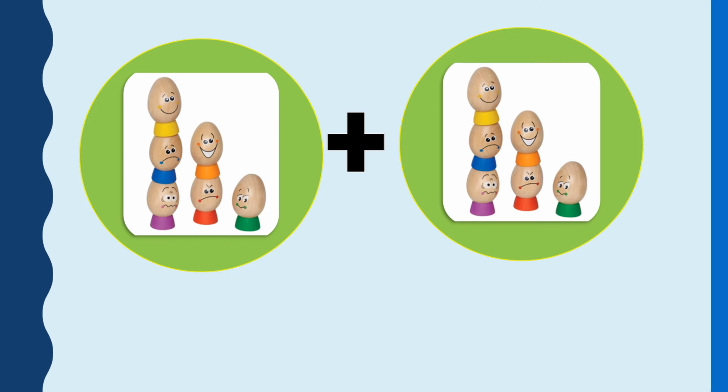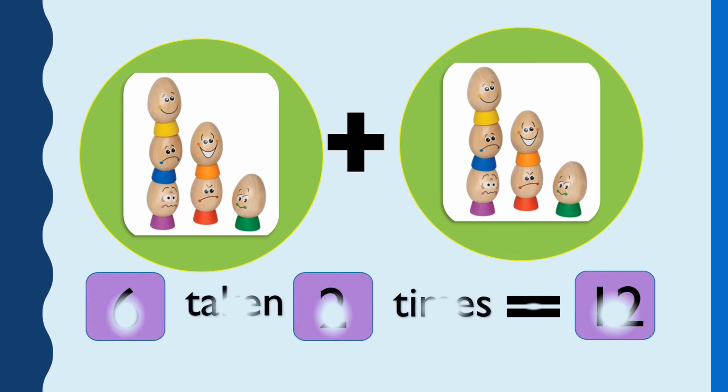And how many groups can you see children? 2 groups. So let's add them together and get the final answer. So we would write it as 6 taken 2 times. So if we add the number of eggs in both the groups, we get the total 12.